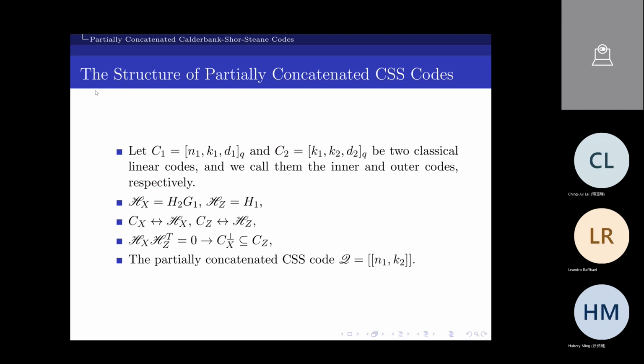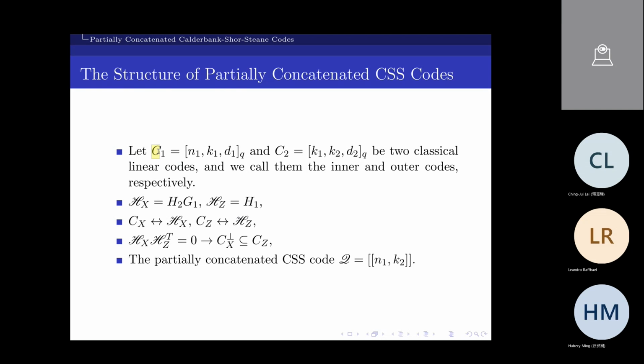Here I introduce the structure of partially concatenated CSS codes. Also, we let C1 and C2 be two classical linear codes, and we call them the inner and the outer codes respectively.